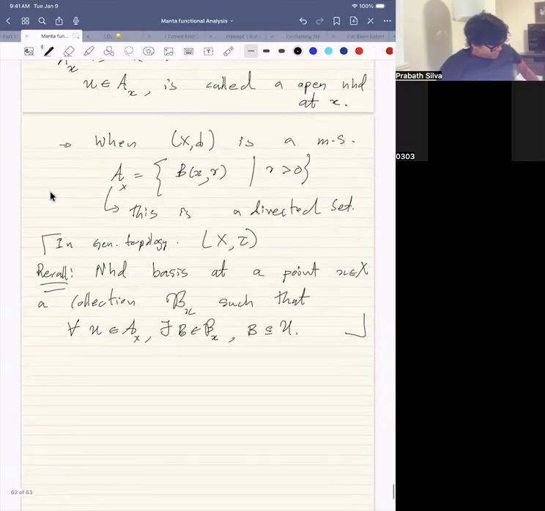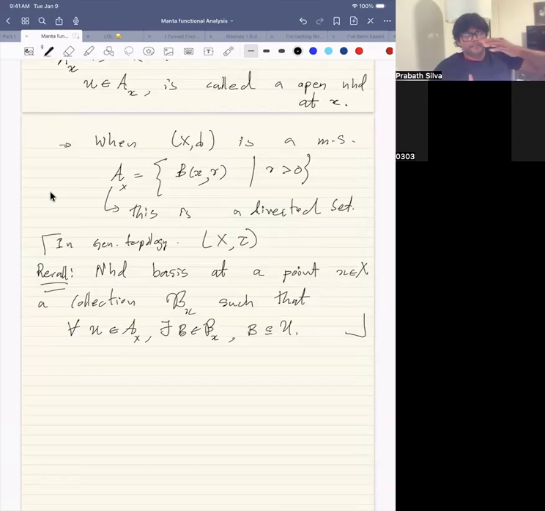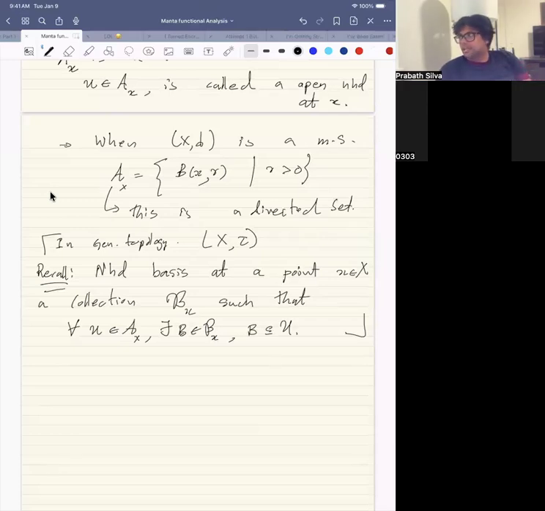So you would go back and forth between them, looking for the analogous concept in general topology for the directed set.